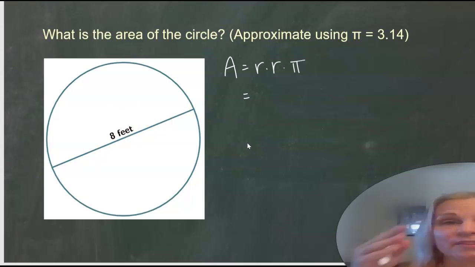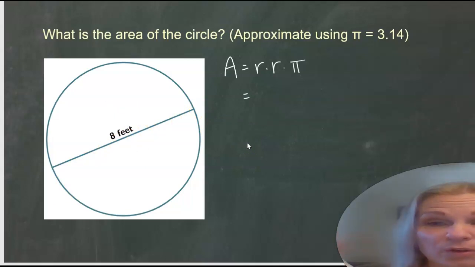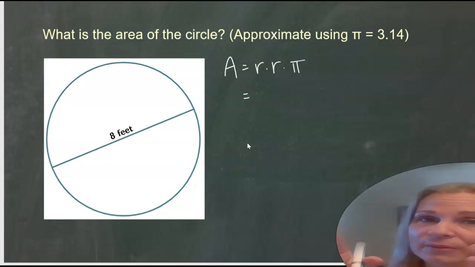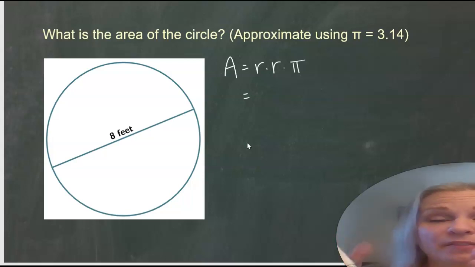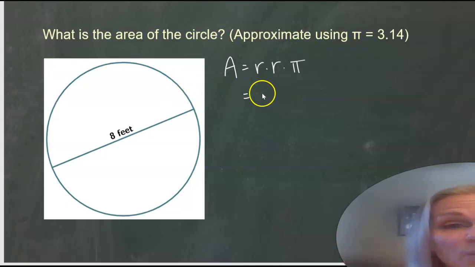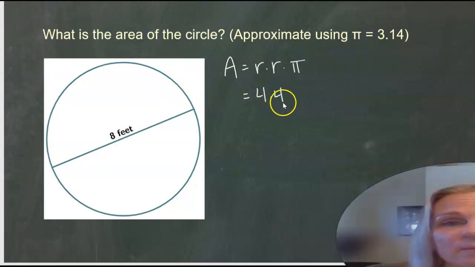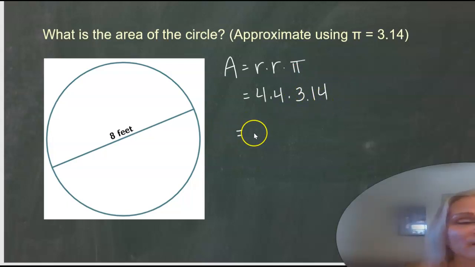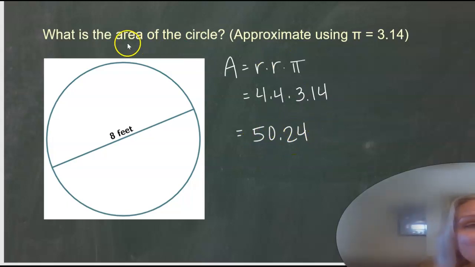So I know that if the diameter, that's all the way across, is 8 feet, then the radius, which is only halfway across, will be half of that. So half of 8, or 8 divided by 2, is 4. So I would do 4 times 4 times 3.14. All right, so in my calculator, I'm going to do 16 times 3.14, and I get 50.24, and this is area.